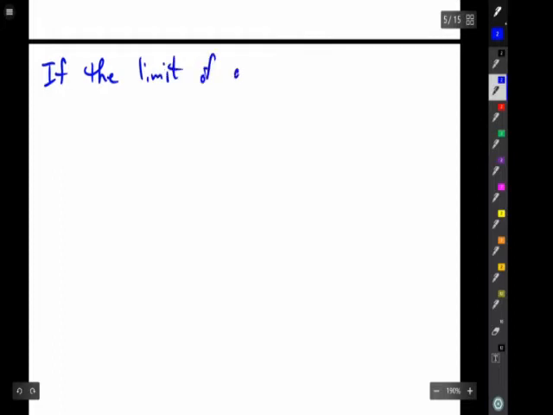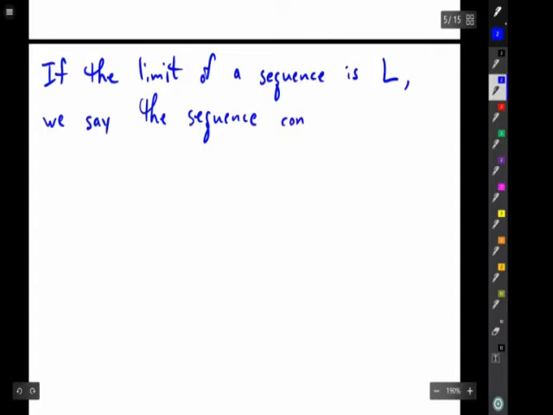So let's say the limit of a sequence is L. We say the sequence converges to L. Now, when we're taking limits of a sequence, we're basically going to do the same thing we normally do. Actually, sorry, let me give you one more term here.